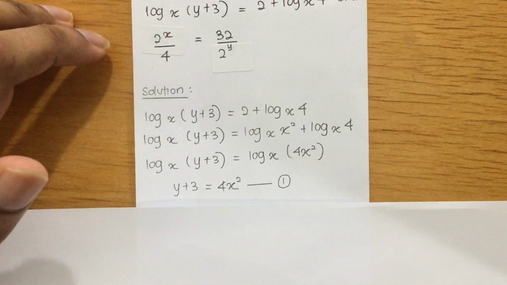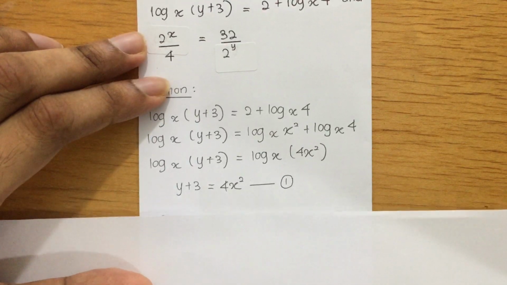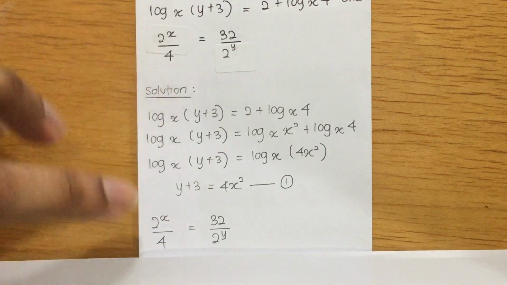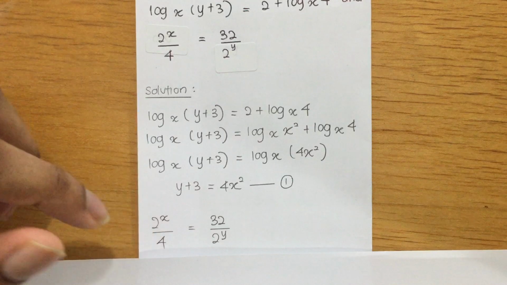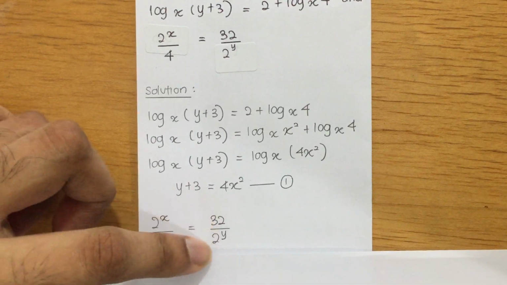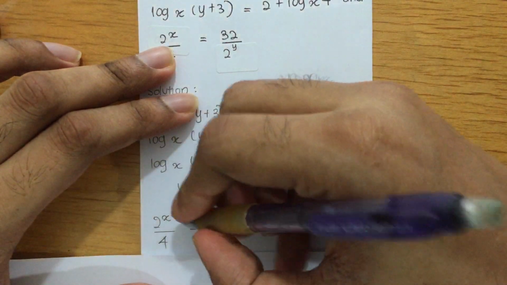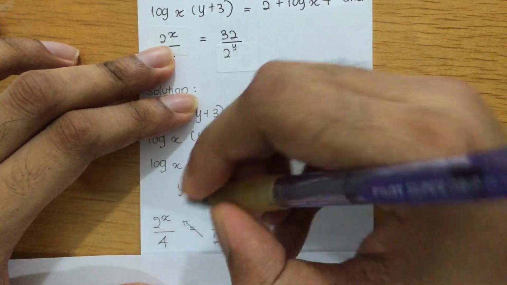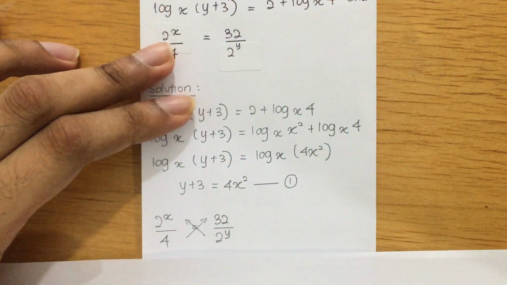The second equation we're going to form using our indices, guys. So let us continue. We rewrite the whole second equation here: 2 to the power of x divided by 4 equals 32 divided by 2 to the power of y. So what we're going to do now is cross multiply this.